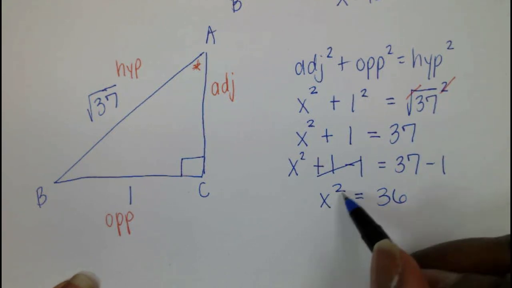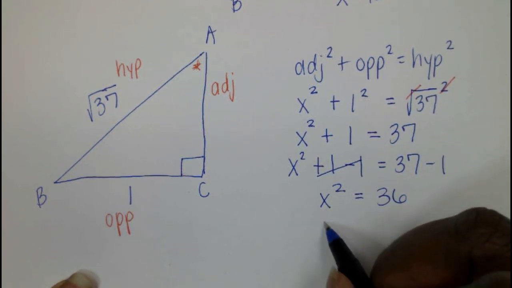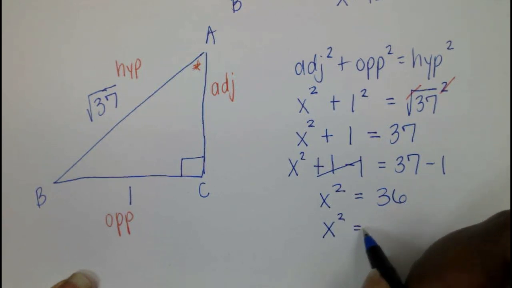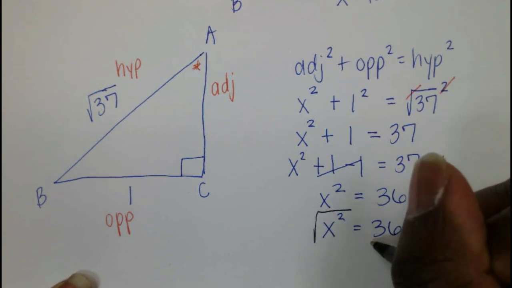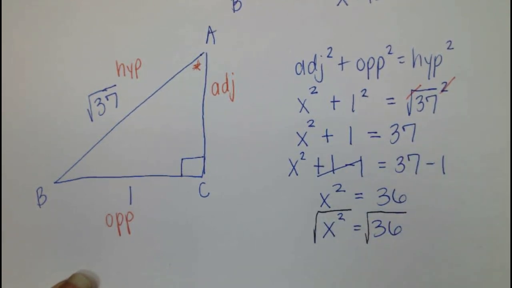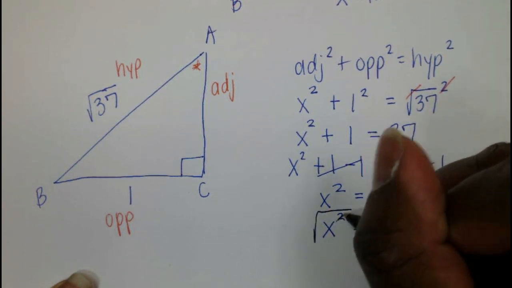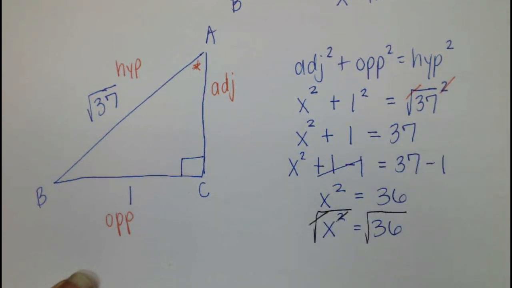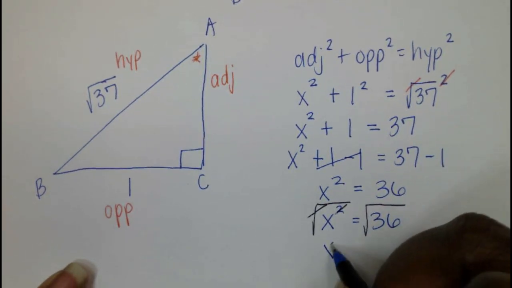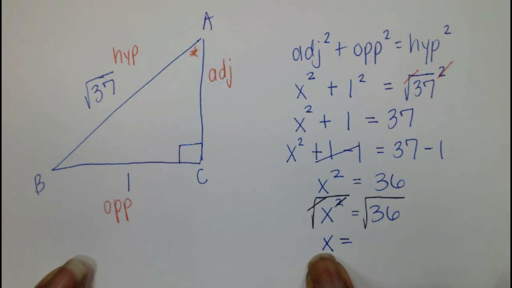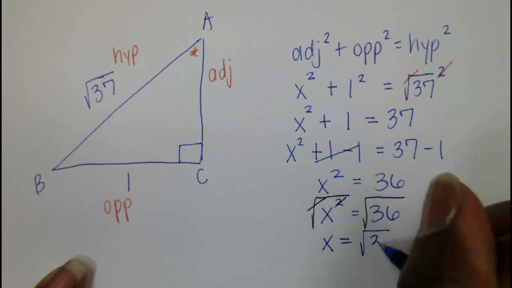This is, again, since it's not 2x, I have to take the square root to get rid of that 2, or that squared. So I'm going to square root. You don't have to do this step. I'm just showing you this so that you'll see that they cancel each other out, just for this video, so that I can see now I have x by itself, which is the square root of 36.